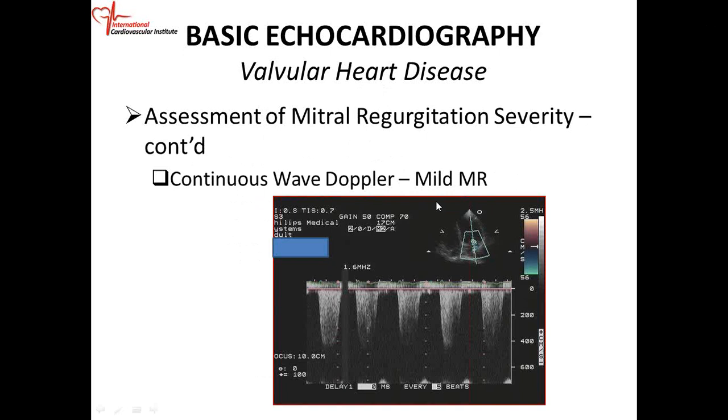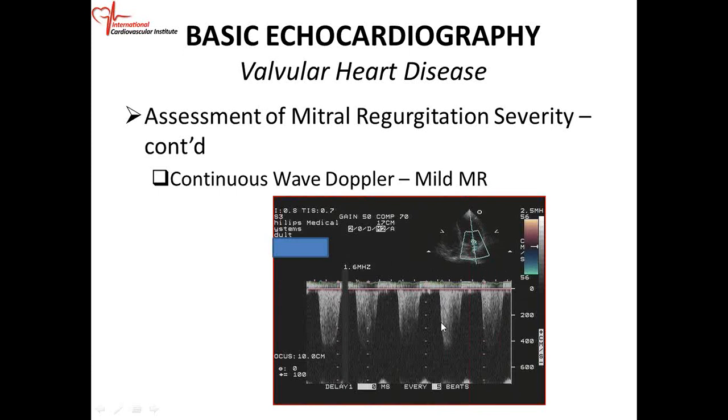So again, your apical 4-chamber two-dimensional echo is on top. The cursor is across the mitral valve, sample volume is at the tip of the mitral leaflet, and these are your mitral regurgitation envelopes. They're systolic envelopes. Your ECG is on top. Systole is from the beginning of the QRS to the T wave. Okay, so you have these systolic envelopes.